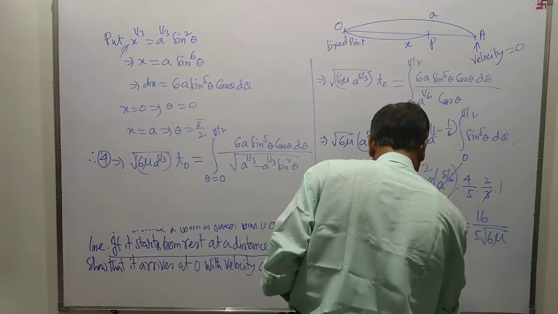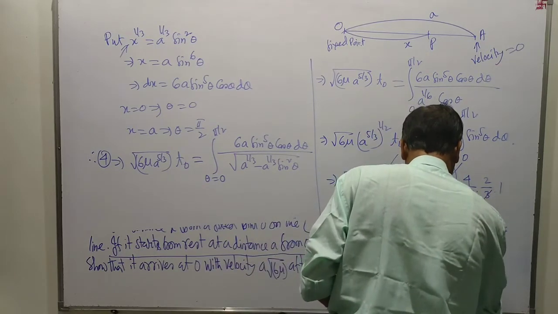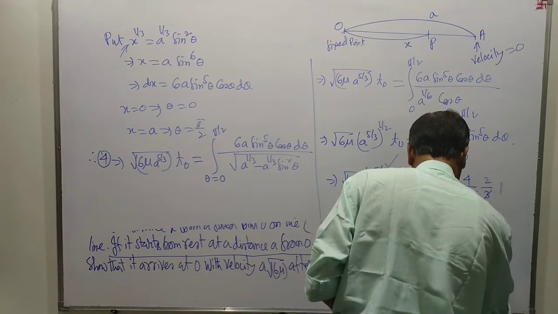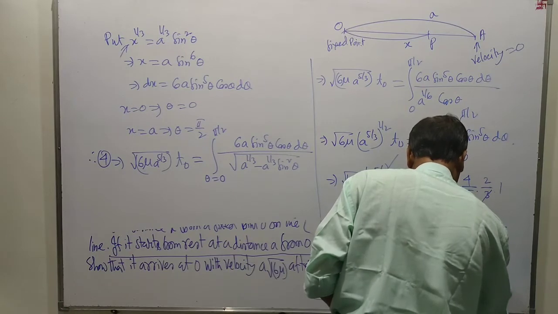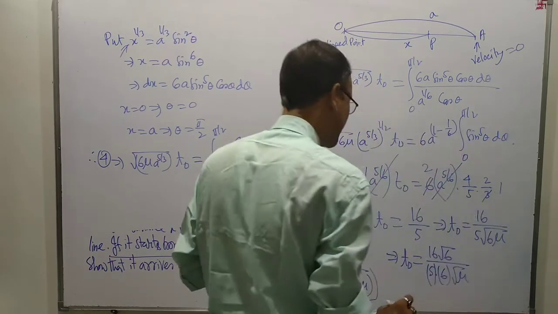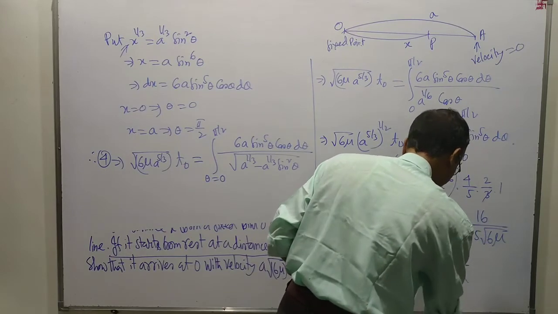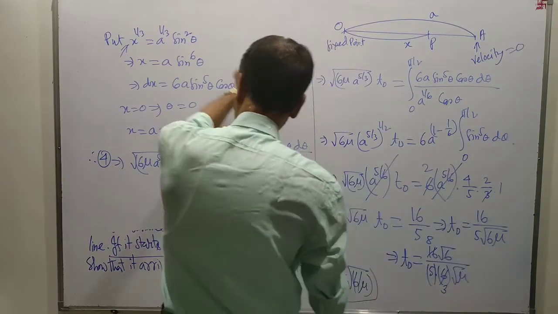This means T naught equal to 16 into root over 6 divided by 5 into 6 into root over mu. You may write like this. Now 6, 3, here it will be 8.